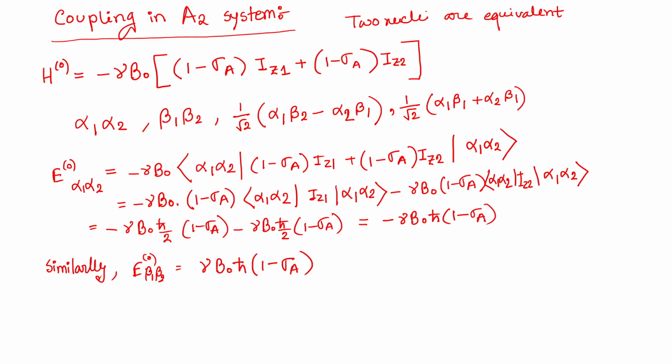Now we'll see what is going to be the unperturbed energy in case of each of the systems. This is going to be interesting. So minus gamma b0, we have 1 by root 2 alpha 1 beta 2 plus alpha 2 beta 1.